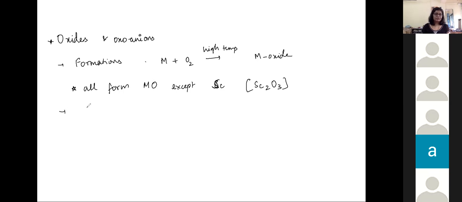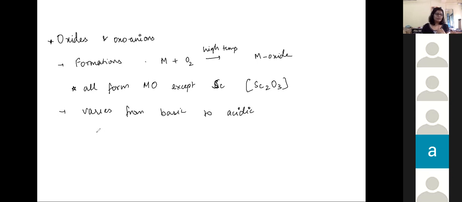Now the nature of the oxide varies from basic to acidic, and this depends on the oxidation state.